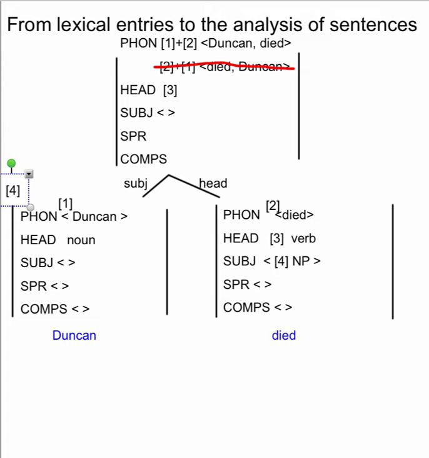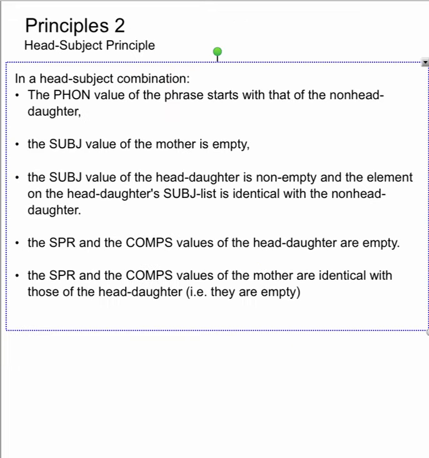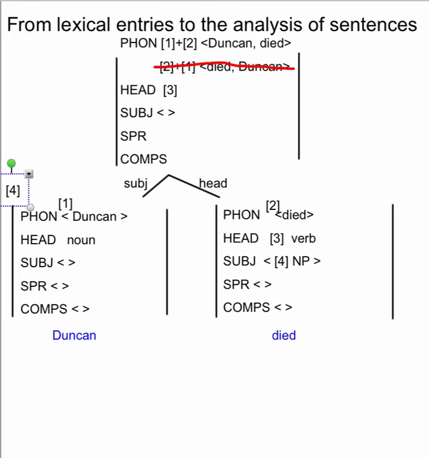So this will make sure that a head only combines with the subject once it does not need a specifier or a complement. And we then say that the specifier and the comps values of the mother are identical with those of the head daughter. So in this case, this means they are empty. Let's again use tags for that purpose.